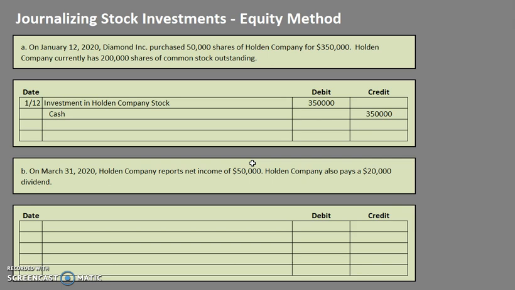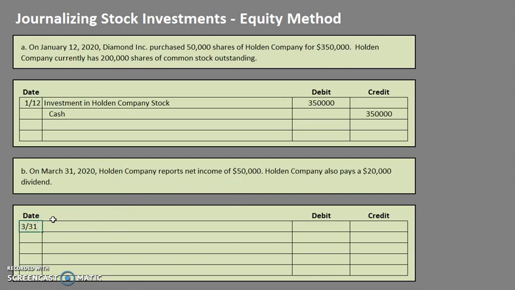It's a very interesting concept, this equity method. So whenever Holden Company reports net income, we record a portion of that as an increase to our investment and income. So let's go ahead and record that first entry. For now, let's ignore the dividend.